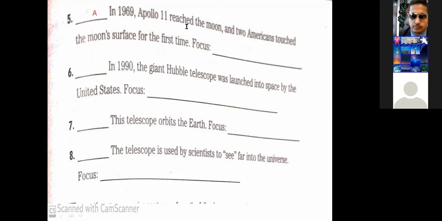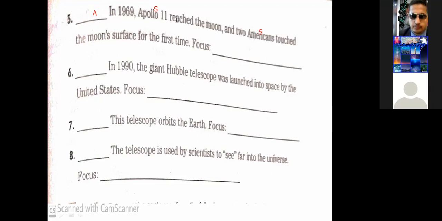What's the subject that we have here? Apollo 11. And we have two verbs in the sentence, not only one. Also the two Americans is a subject.